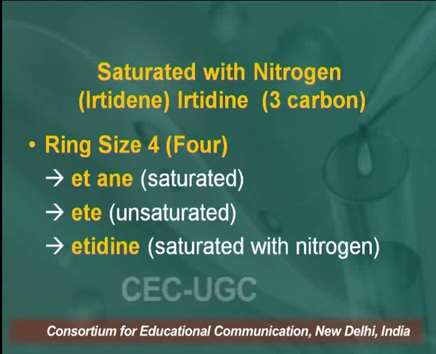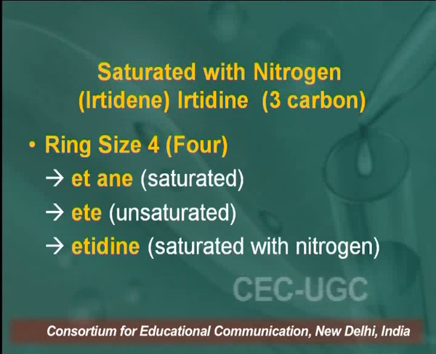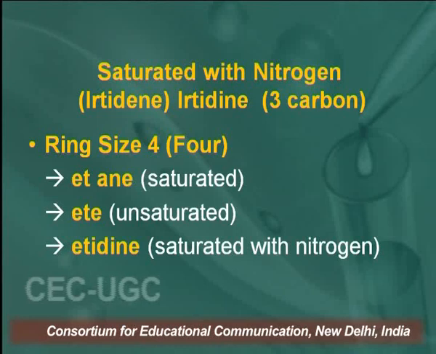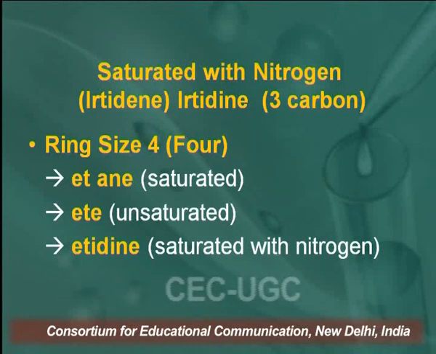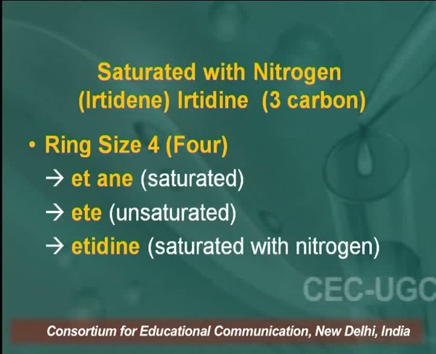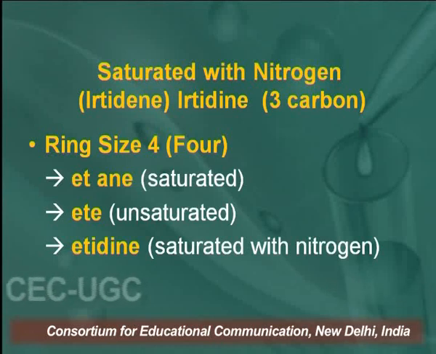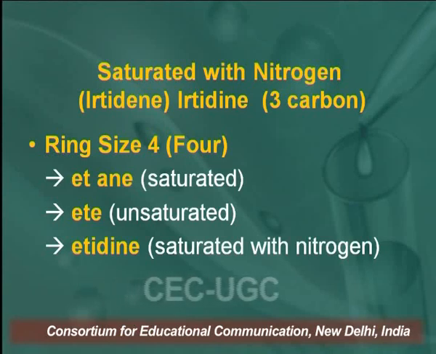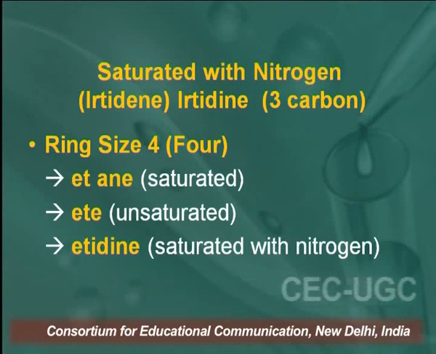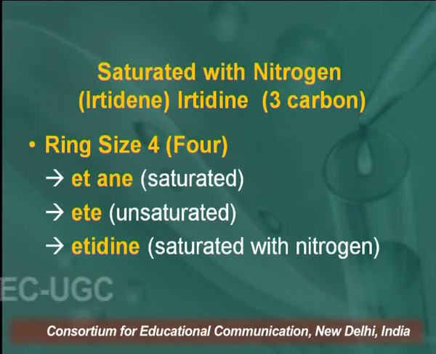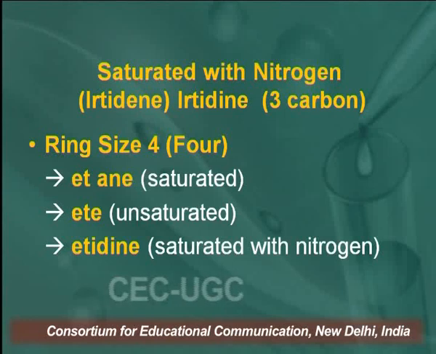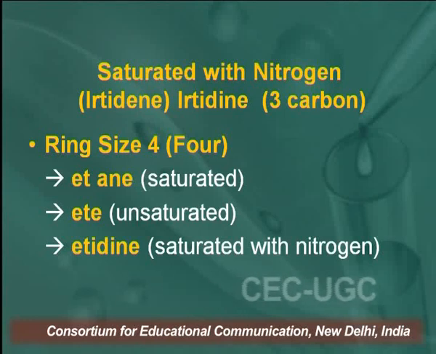So -ane is for saturation, -e for unsaturated. If the 4-membered ring is saturated but nitrogen is present, it will be -etidine. These are the exceptions: -etidine.